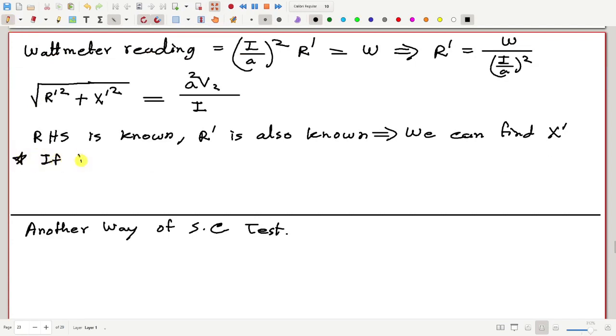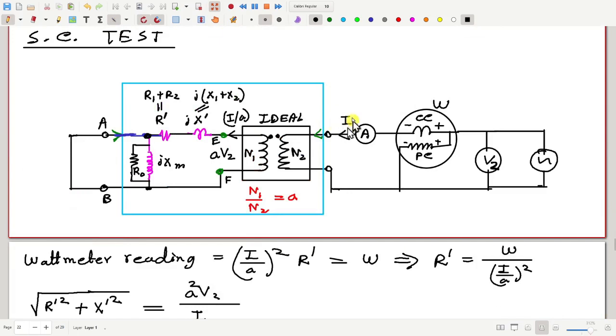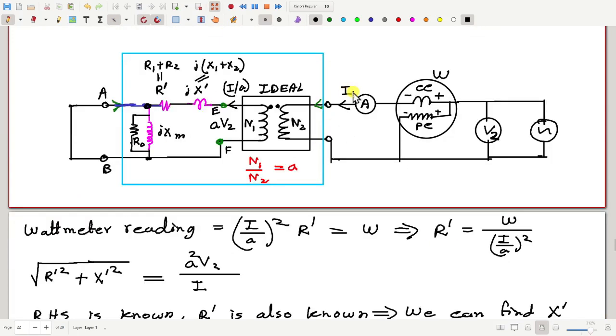If V2 is the rated voltage, then this current here, you may call it I2 here also, I2 everywhere, then how much will be I2?